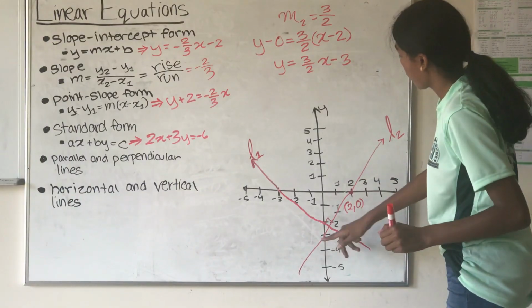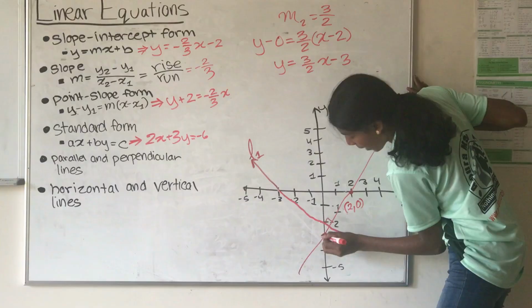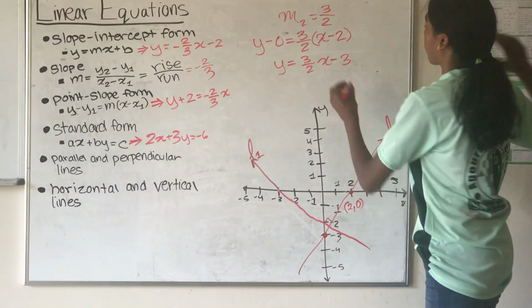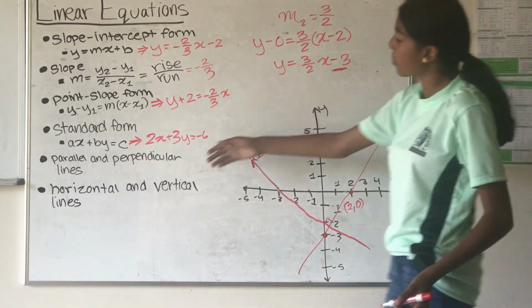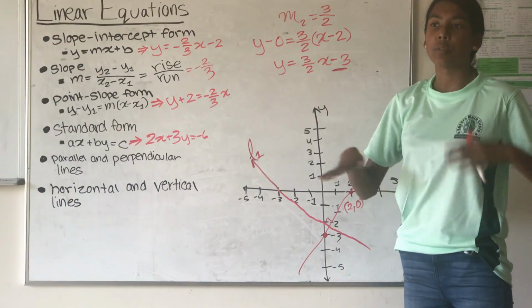And if you can see right here, our x-intercept is about -3, which is shown right here. So that's how we're going to find a perpendicular line. The slope is going to be the negative reciprocal.